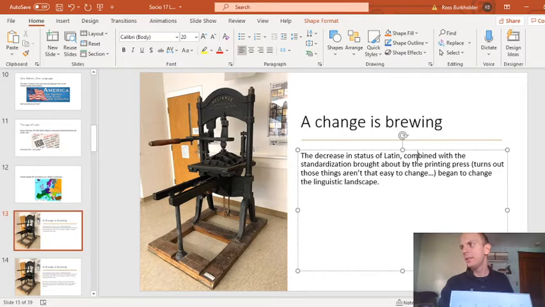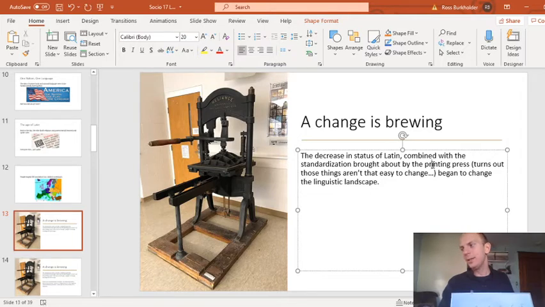And the printing press happens. It's a huge technological breakthrough in Europe, a cultural change, right? And what this printing press does is that it standardizes, in some sense, these languages.